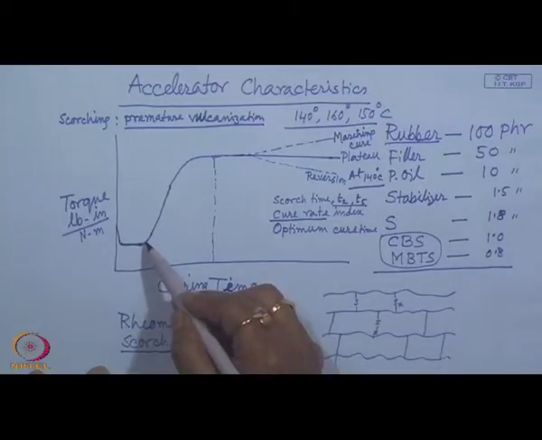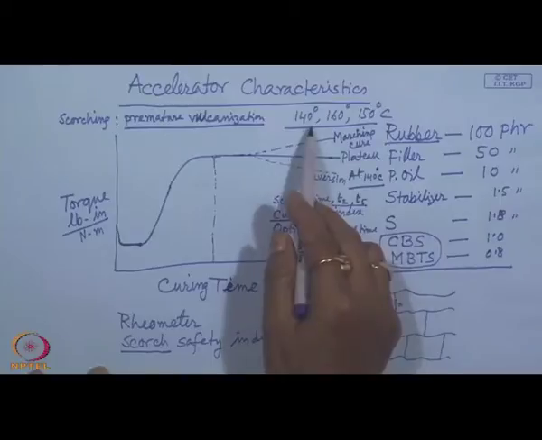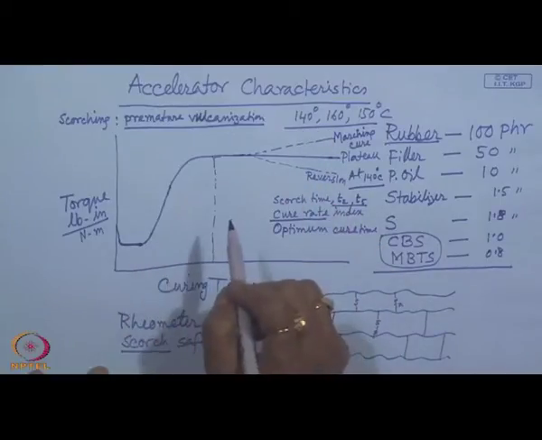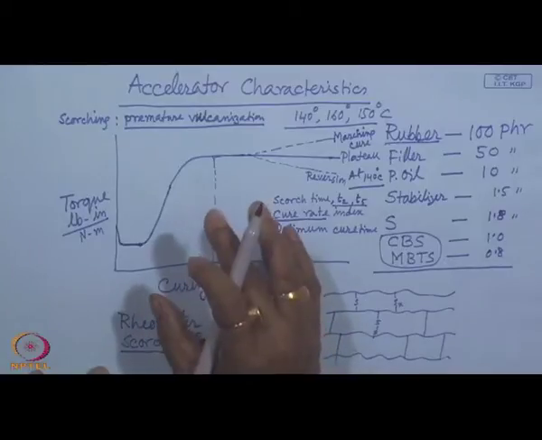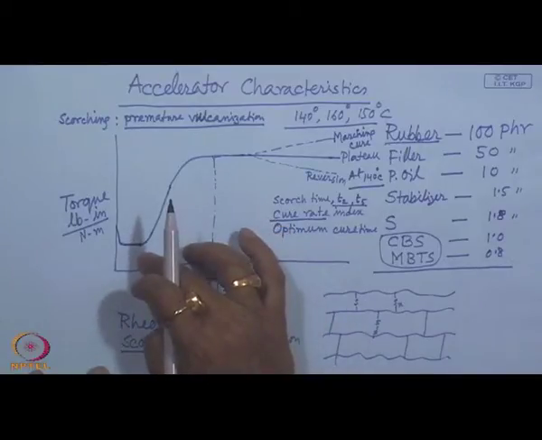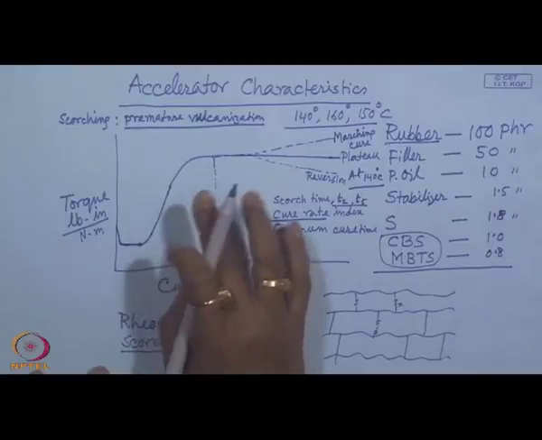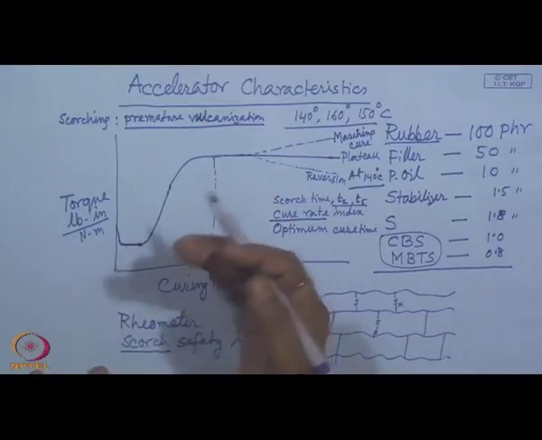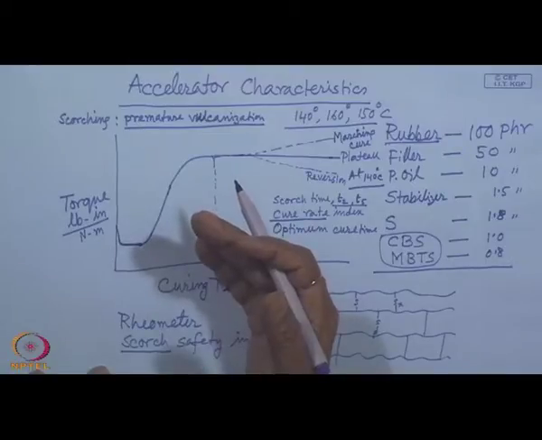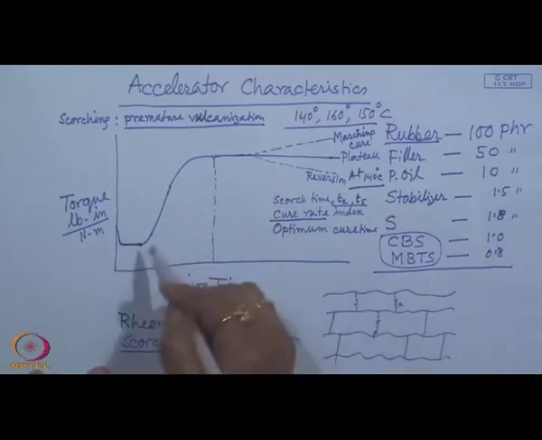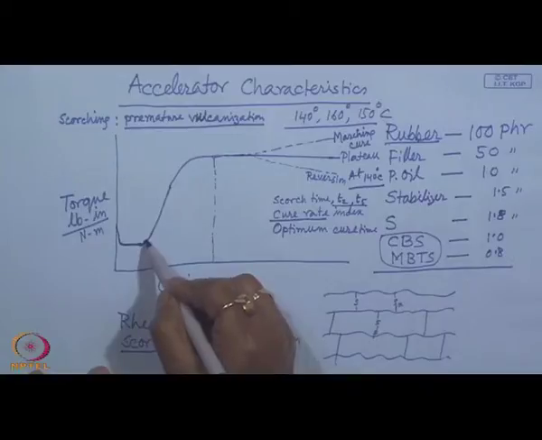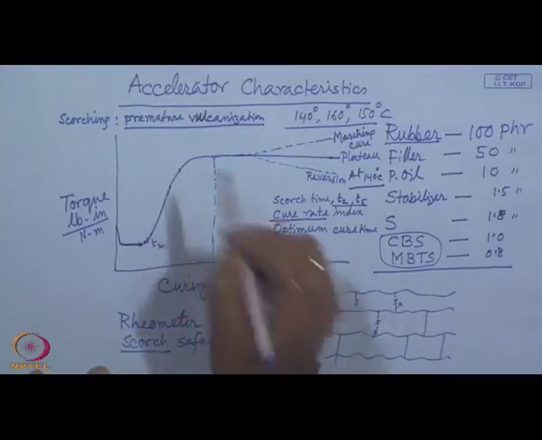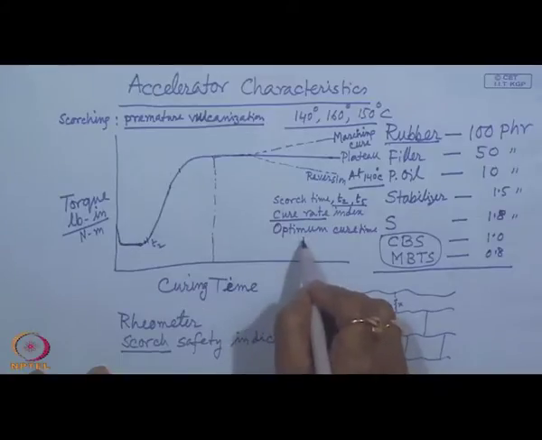That means, at this high temperature of 150 or 160, this T2 value gives an indication that till 150 degrees Celsius, even if some reaction starts, only 2% of the crosslink can occur, or 1% of the crosslink can occur, or no crosslink can occur. So, this T2 can be over here, and optimum cure time is known as T90.